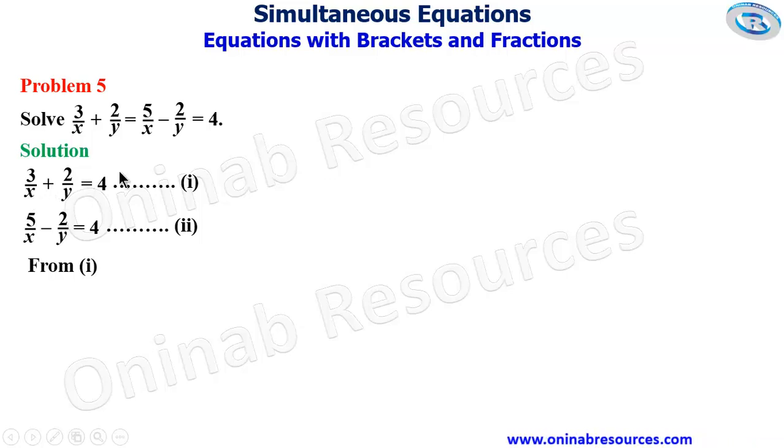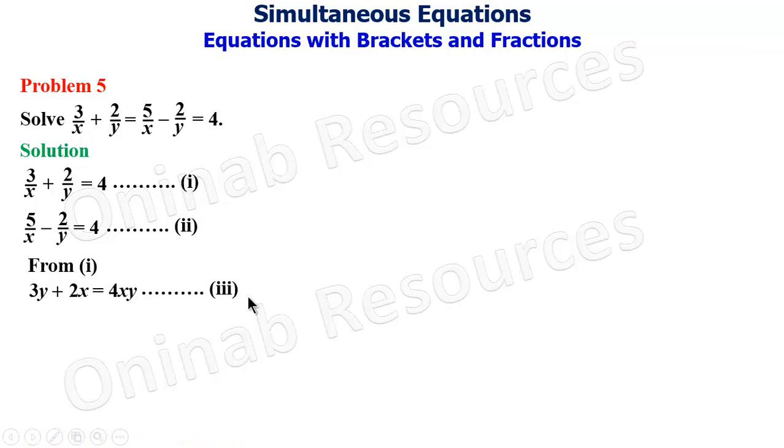We multiply through by the LCM, and the LCM is xy. So 3 over x times xy, so the x will go. We'll be left with 3y, so we have 3y. 2 over y times xy, the y will go, we'll be left with plus 2x is equal to 4xy, and this is equation 3.